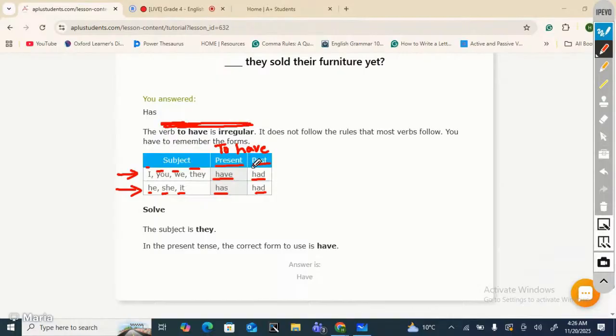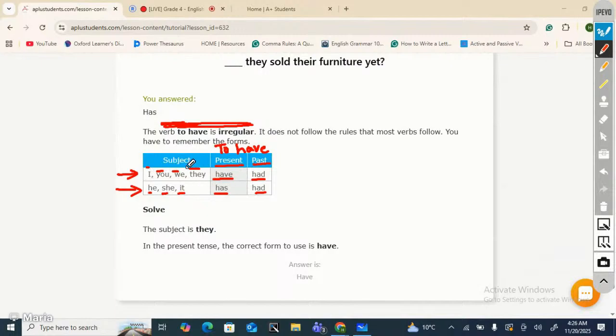So you have to remember the forms because it is irregular. To have verb is irregular in present tense and past tense. You have to remember with which subject you would use have and with which you would use has.